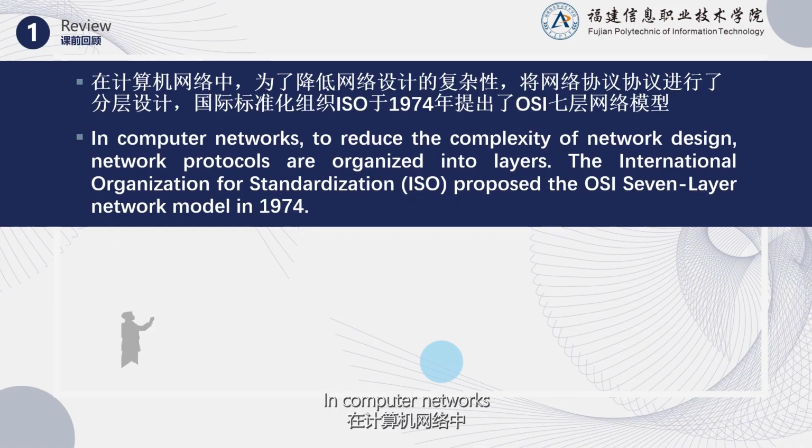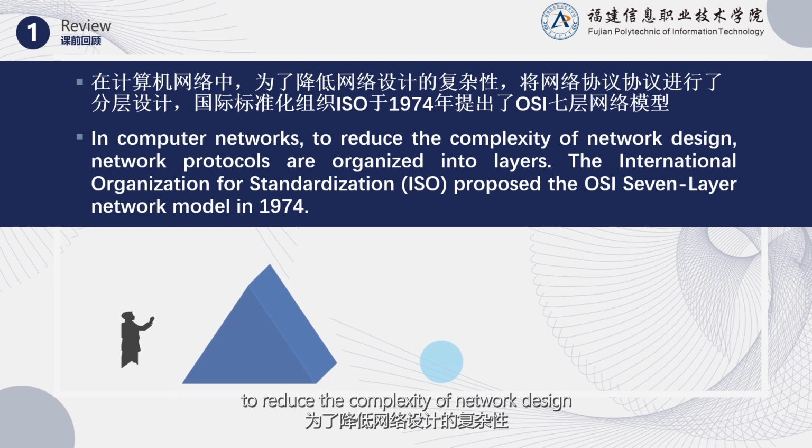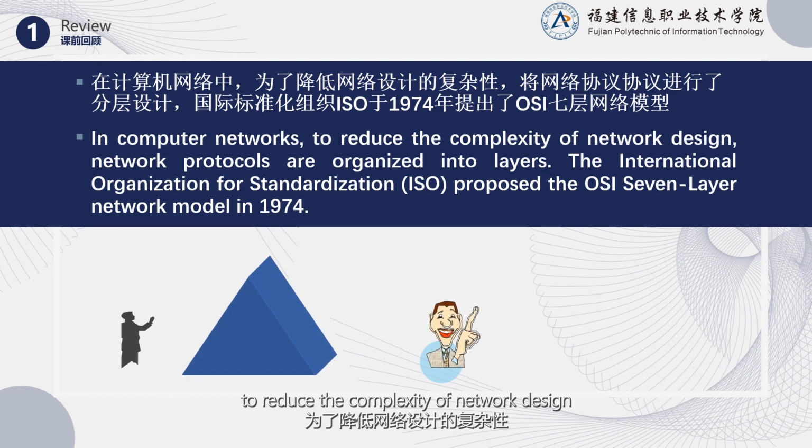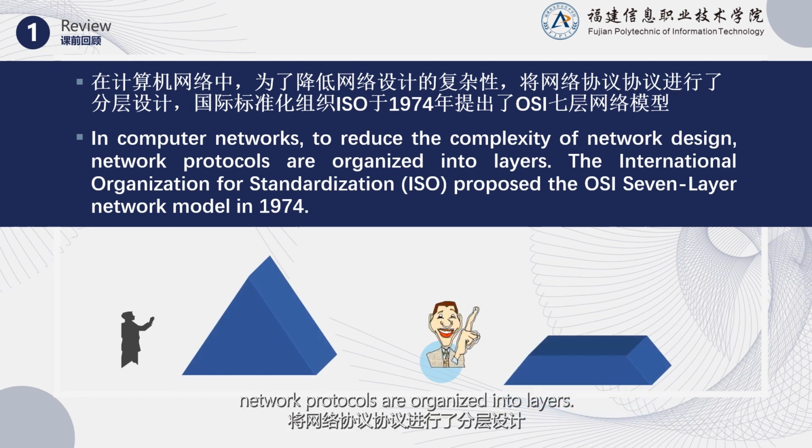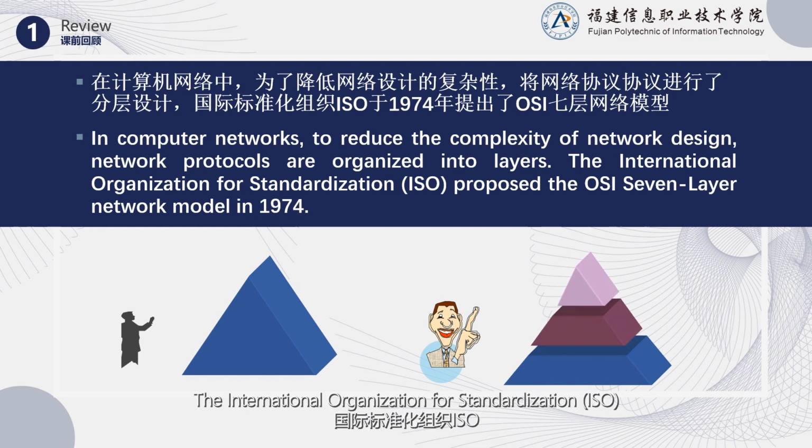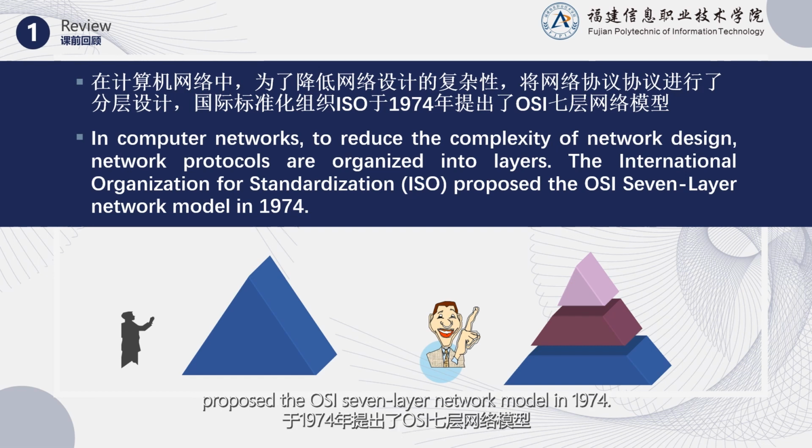In computer networks, to reduce the complexity of network design, network protocols are organized into layers. The International Organization for Standardization, ISO, proposed the OSI Seven-Layer Network Model in 1974.